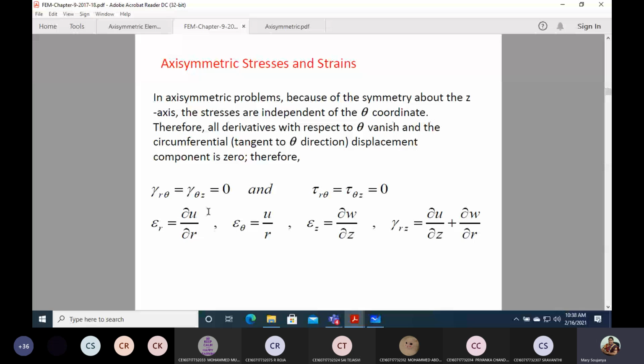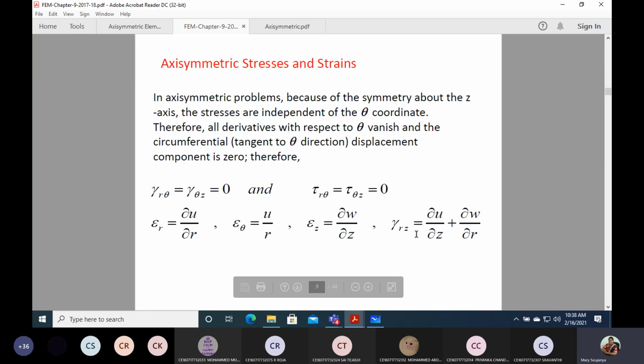What we have seen there is gamma r theta, gamma theta z, tau r theta, tau theta z are going to be zeros. Now we are left over with epsilon r, epsilon theta, epsilon z and gamma rz.